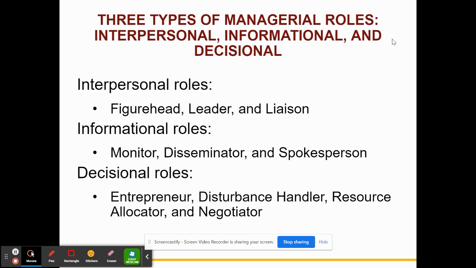And then we have informational roles. Monitoring is a big part of management: monitoring the health of the business, what is going on, and the morale of employees. Then we have a disseminator. By dissemination, we mean getting a piece of information and figuring out what it all means.